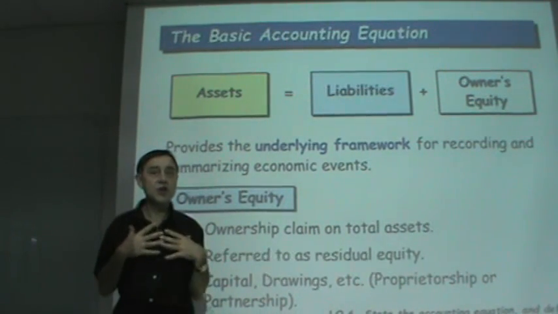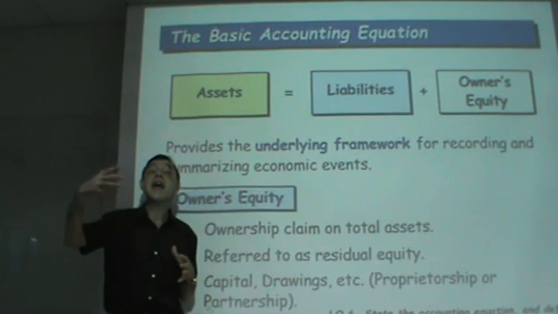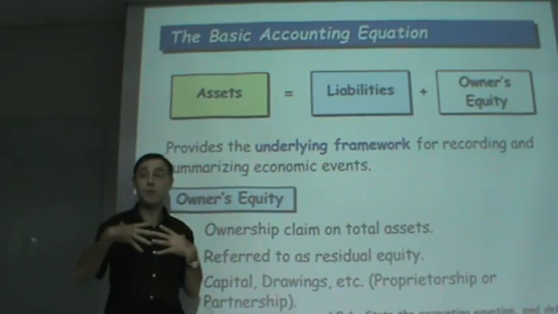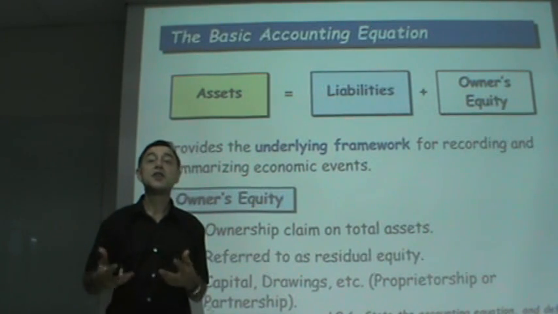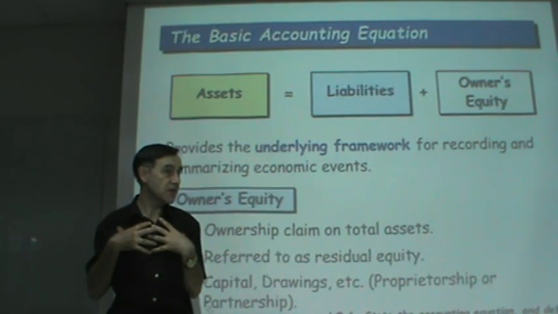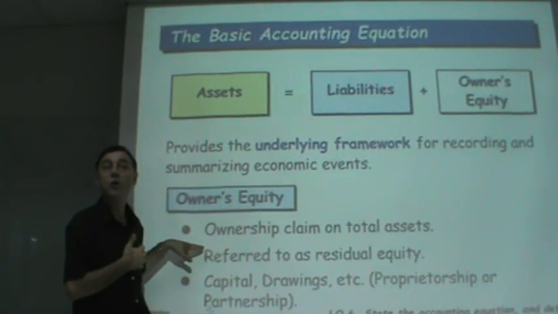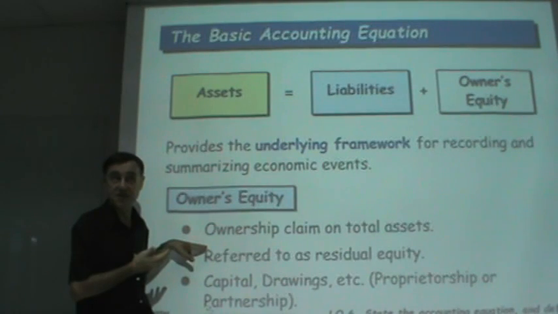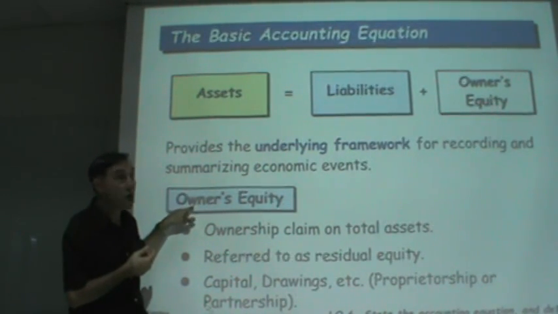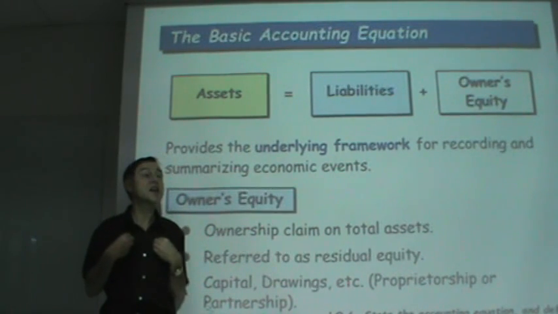To be an owner means effectively that any profit you make you keep for yourself, and if there is any loss, you take the loss yourself. So the owner takes all the business risk, or the major business risk. So ownership is associated with high risk.